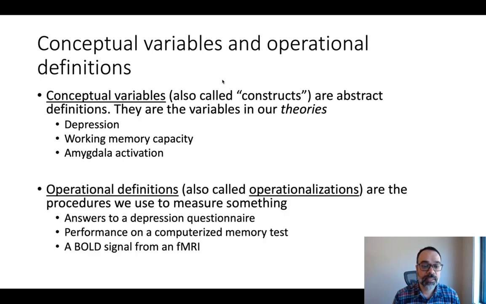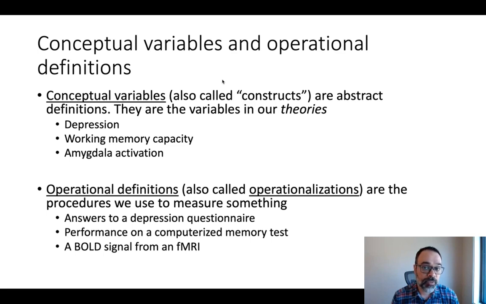By contrast, there are operationalizations or operational definitions. These are the procedures that we use to measure something. So, for example, if our conceptual variable is depression, our operationalization might be the answers people give to a depression questionnaire. If our conceptual variable is working memory capacity, how much can people hold in their current working memory, our operationalization might be their performance on a computerized memory task.